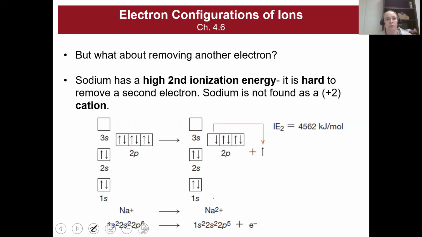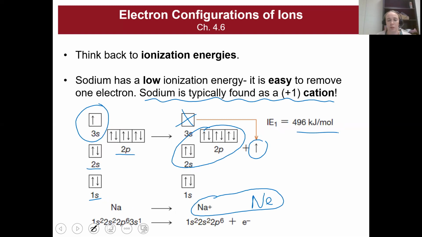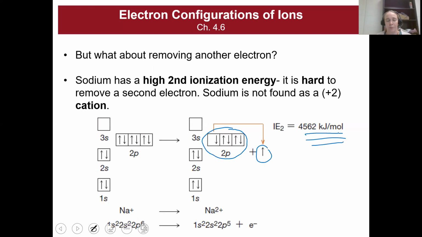What about if we remove another electron from sodium? Sodium has a really high second ionization energy. It's really hard to remove that second electron. See, we had this beautiful filled 2p subshell, and then we tried to take one off. That required a ton of energy compared to this one, almost 10 times as much energy.